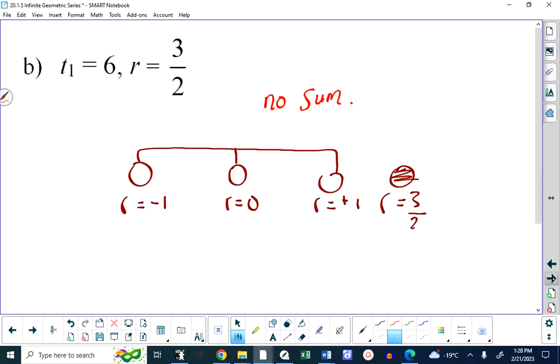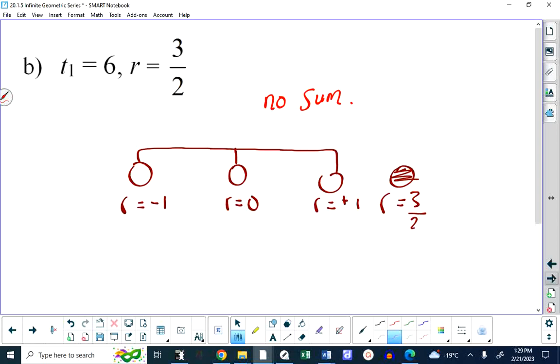The types of questions you would see on a unit exam, the ones that I scrapped from that last unit exam because we hadn't learned this yet, would be, giving you different examples of series, whether I tell them to you with T1 and R, or I write out the first few terms, and you being able to identify which ones are convergent, which ones are divergent. Or problems where you have to find a sum.